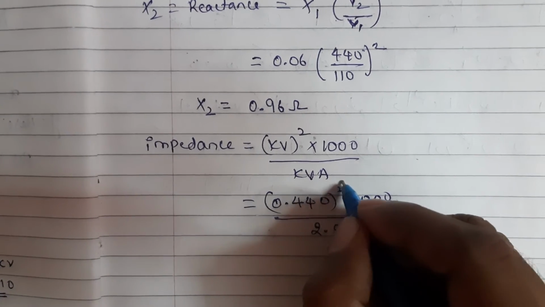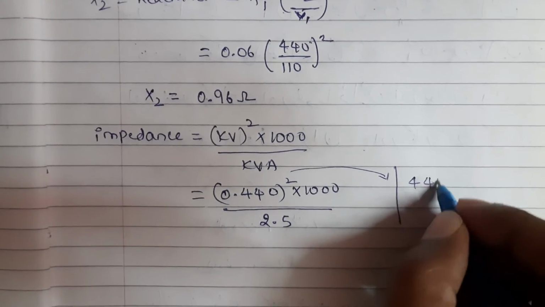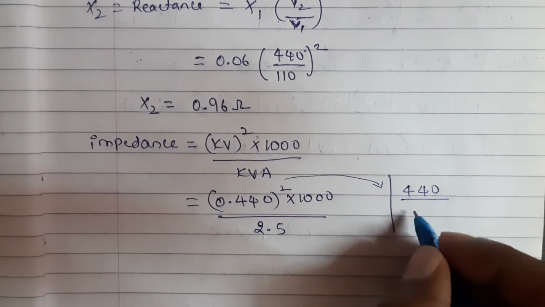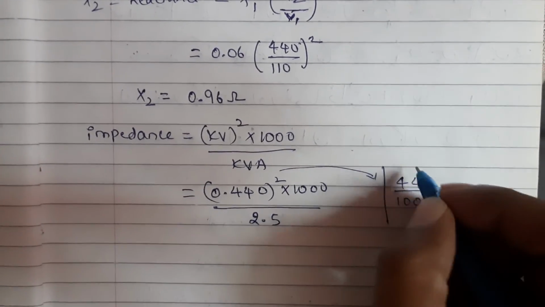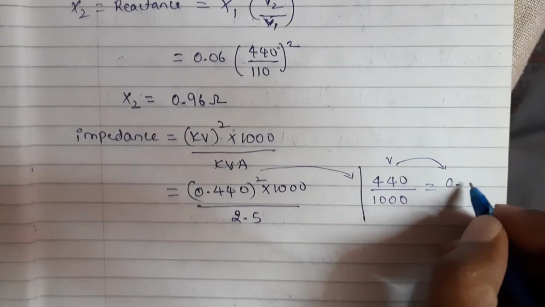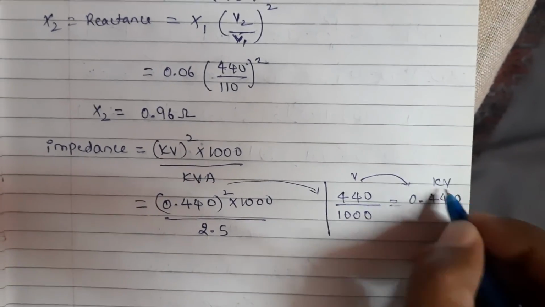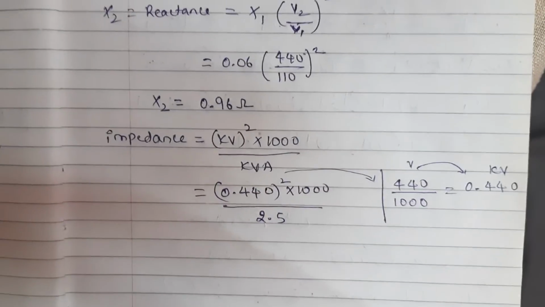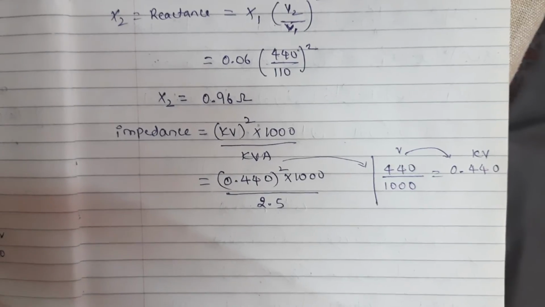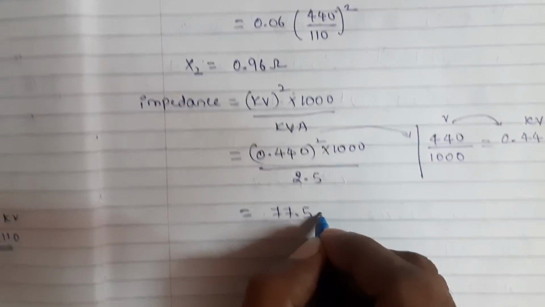How did this come? 440 volts divided by 1000, converting into kilovolts, becomes 0.440 kV. Putting this in, the value is 77.5 ohms.